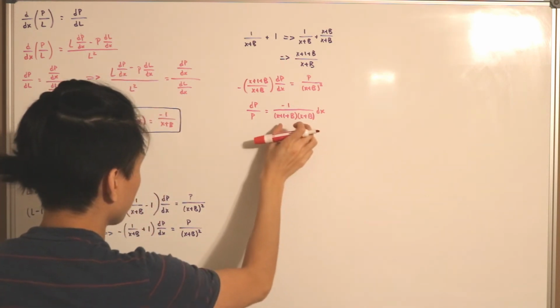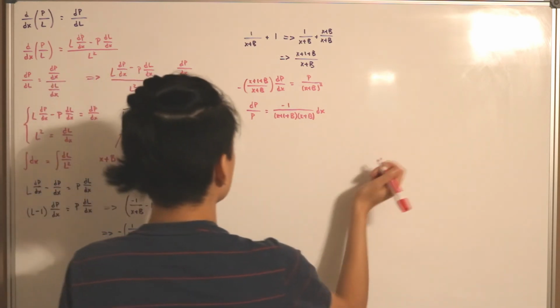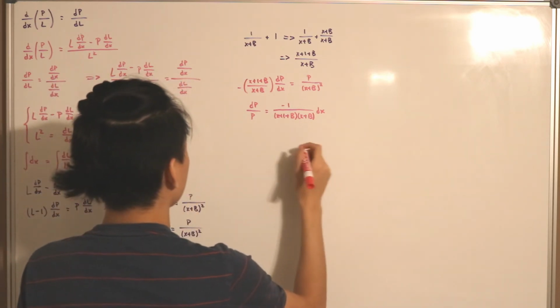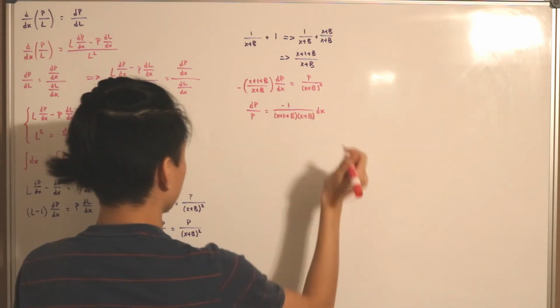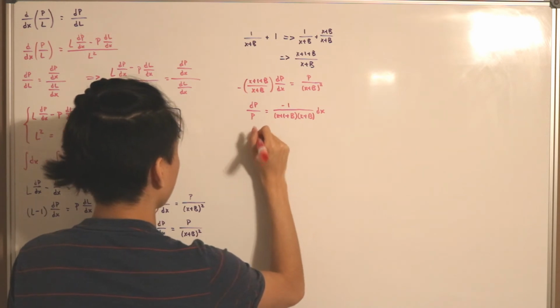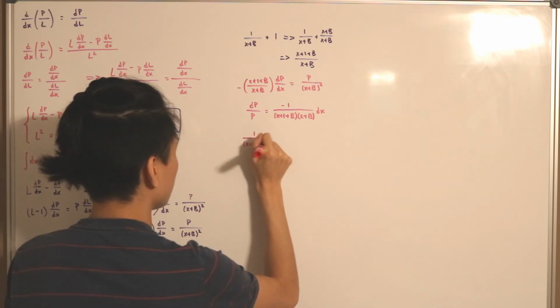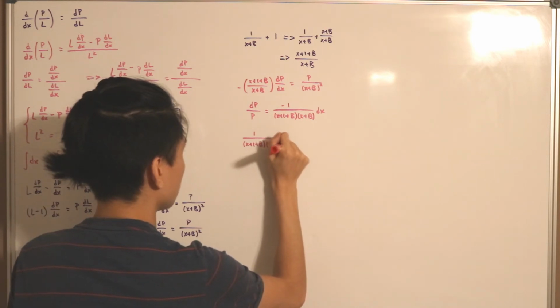Let's break this up, since we can split this into partial fractions. Let's exclude the negative for just a second, and then we have 1 over x plus 1 plus b times x plus b.